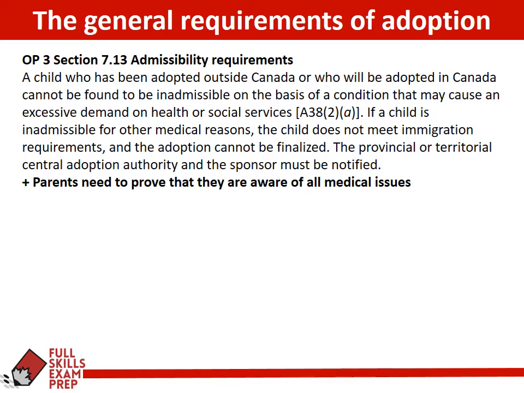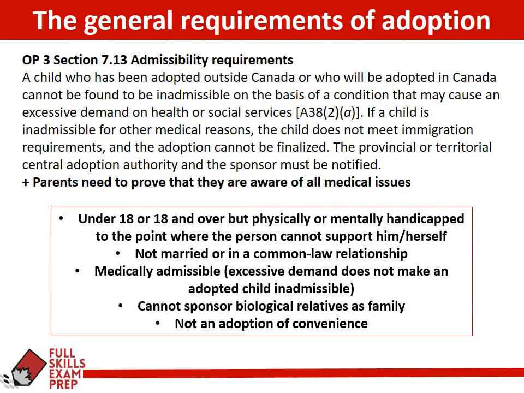If, for example, they adopt a child and the child maybe has mental issues or physical issues that they weren't aware of, then it might be difficult for the parents. So it's sort of a safeguard for that. But in terms of immigration, it gives us another couple pieces of the puzzle when we look at who can immigrate and who cannot immigrate as an adopted child.